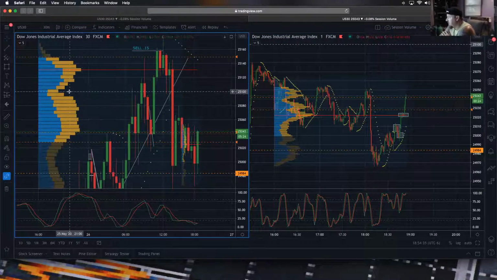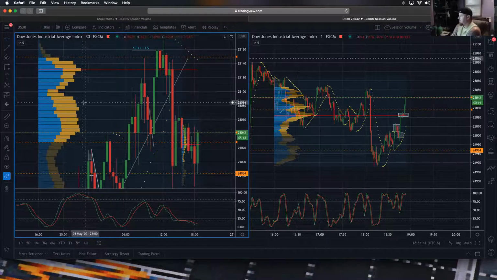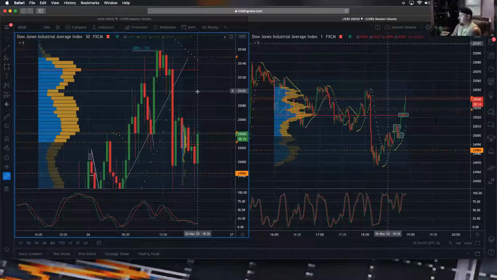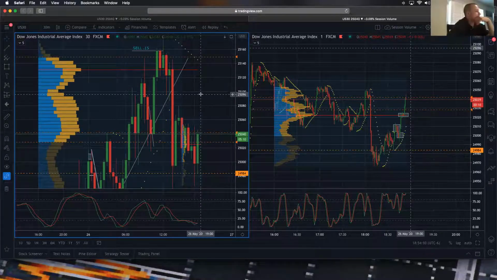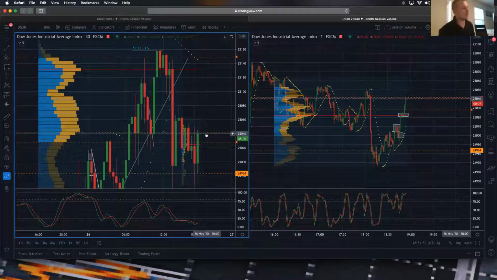Low volume nodes act as really high support and really high resistance. So that would be my first bus stop. No, absolutely, that's how I'd read it. It's definitely making sense, and I can see how this could help.